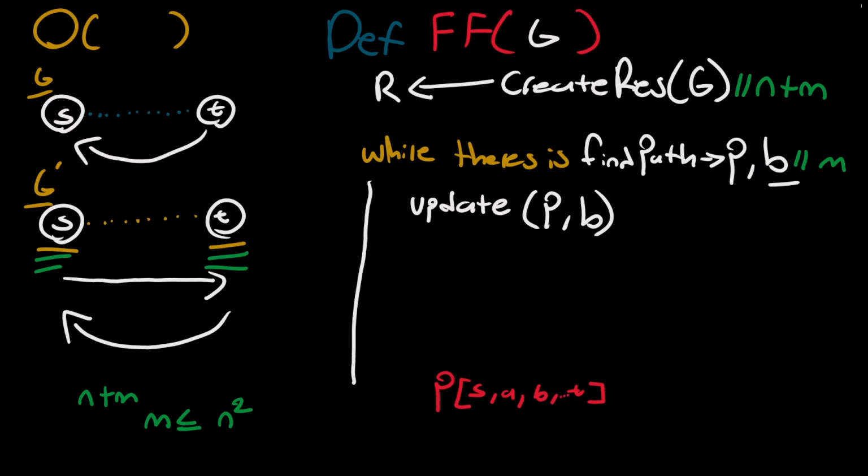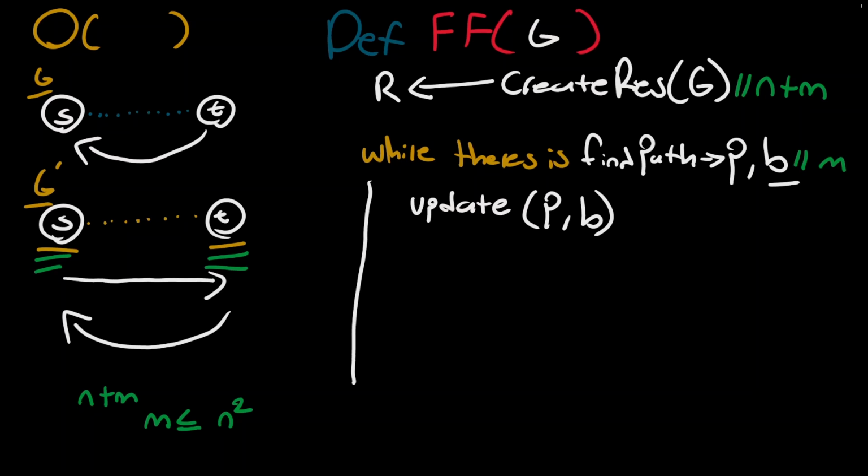So what it's going to look like running the algorithm, we're going to say calculate the flow from s to a, and then from a to b, from b to so on, and then from so on to t. So this could at most be n, all the nodes in the graph. So we could at most use all the nodes in the graph. So we know we're going to have at most n runtime.